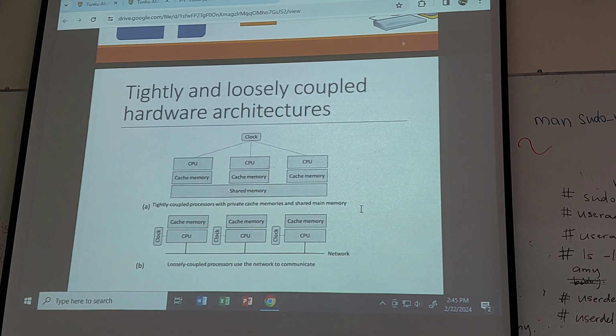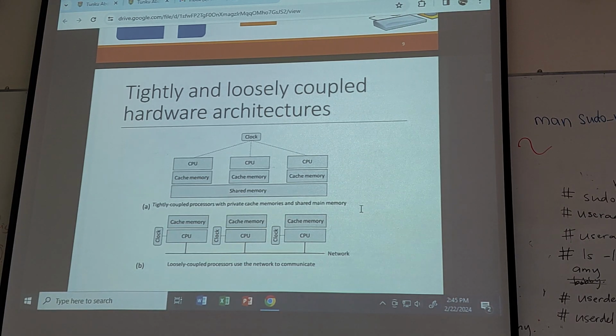There are two ways. One way is to do tight coupling, a tightly coupled hardware architecture. The other one is to use a loosely coupled hardware architecture. Okay? Tightly means it is kind of tight. Loose, as you know, is loose.